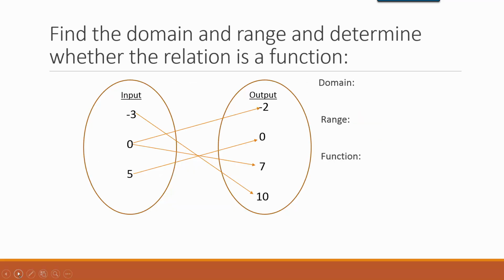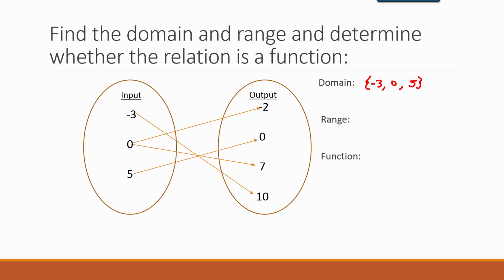Okay, let's look at this mapping here. Let's find our domain and our range, and let's state whether this is a function or not. So in my input, which is the same thing as my first or x elements, I have -3, 0, and 5. So that's my domain. -3, 0, and 5. Then in my output, when I put in -3, I get out 10.